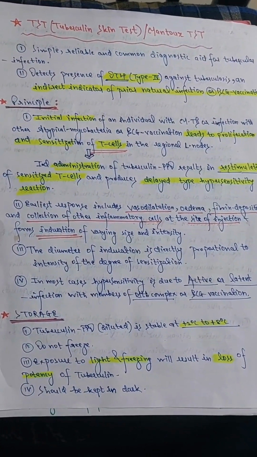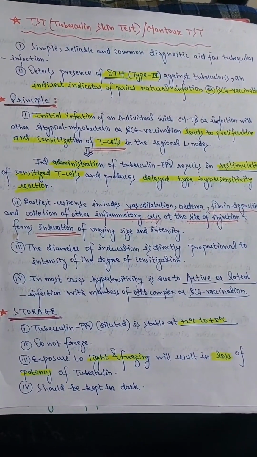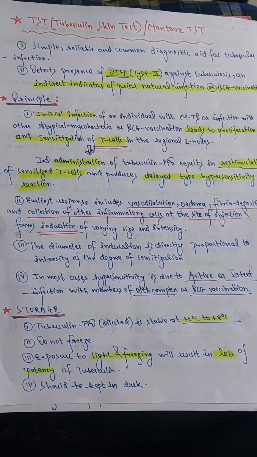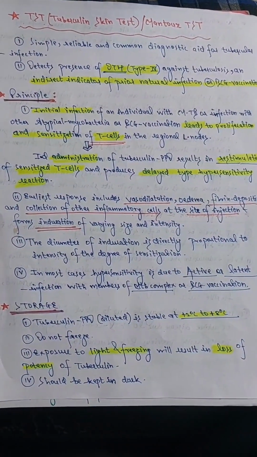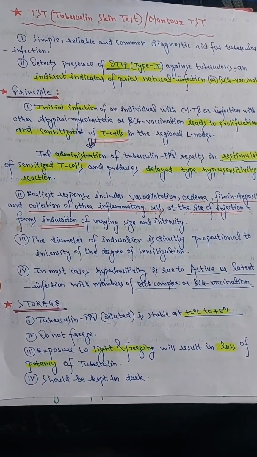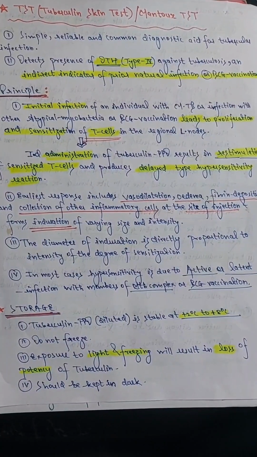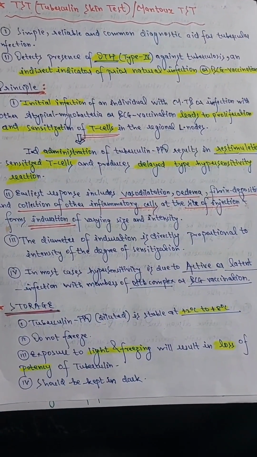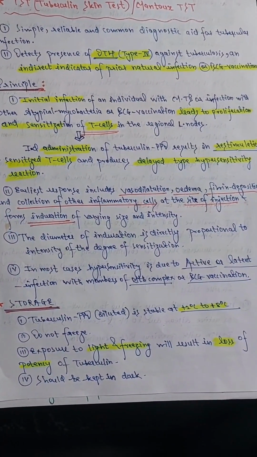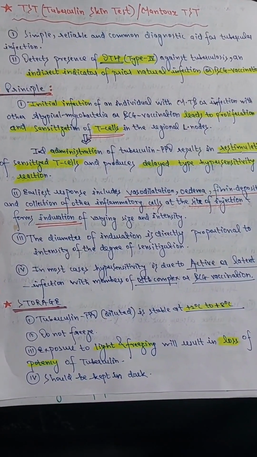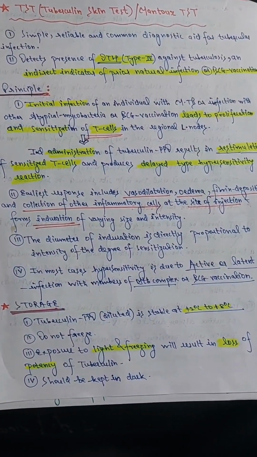The earliest response includes vasodilatation, edema, fibrin deposition and collection of other inflammatory cells at the site of injection, and forms induration of varying size and intensity. This induration diameter is directly proportional to the degree of sensitization. In most cases, hypersensitivity is due to active or latent infection with members of the MTB complex or BCG vaccination.